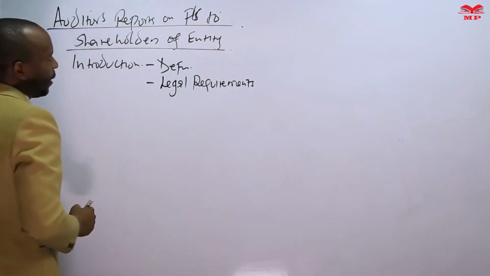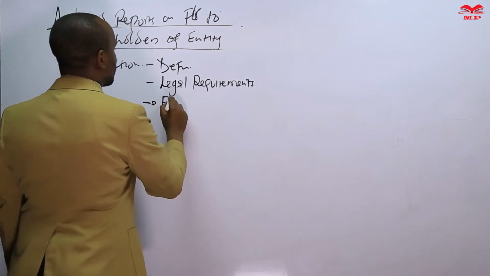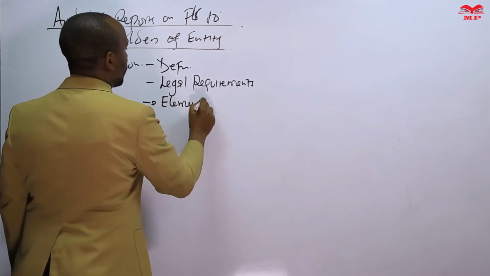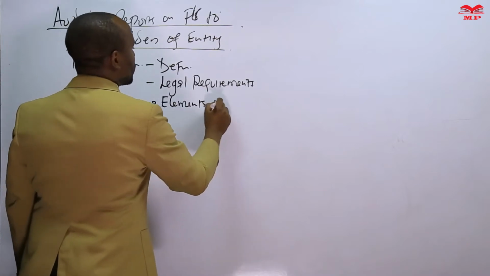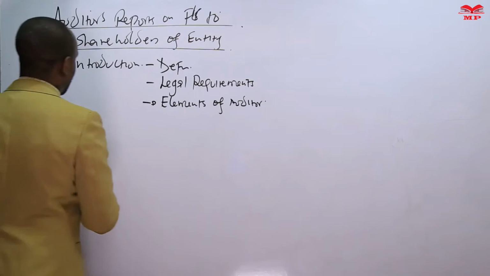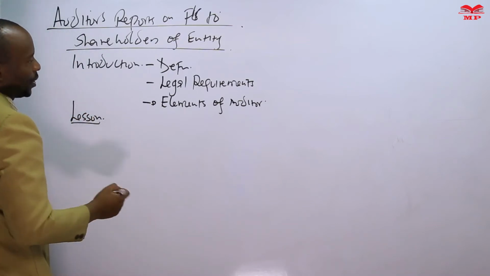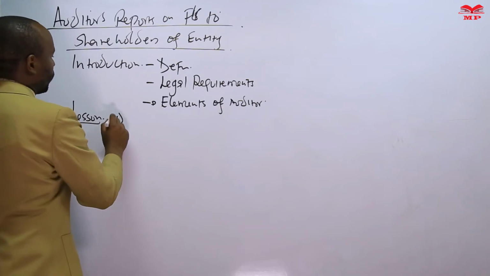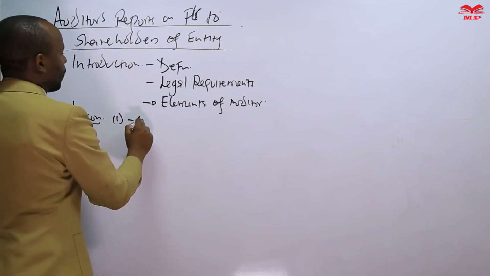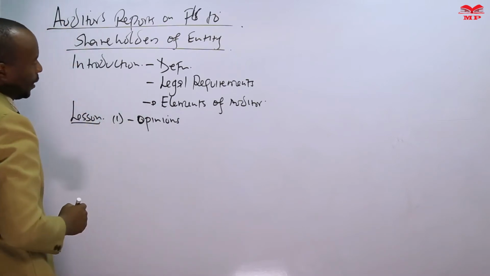Then we can also look at the elements of the auditor's report. Once we cover those, in our next lesson, lesson 2, we will look at other matters associated with the report, and one of them is the forms of opinion, the opinions that an auditor is supposed to be looking at.